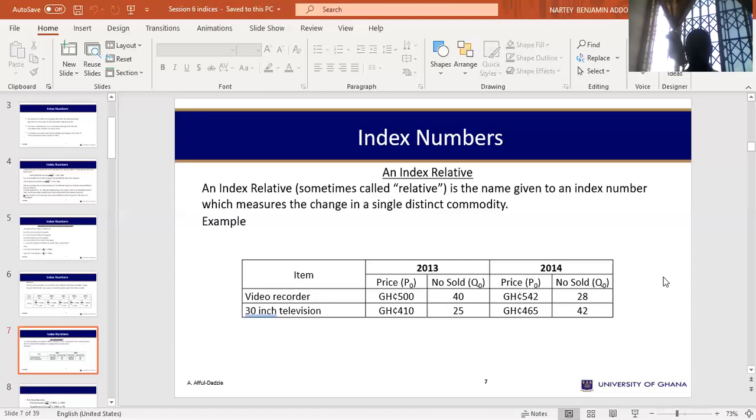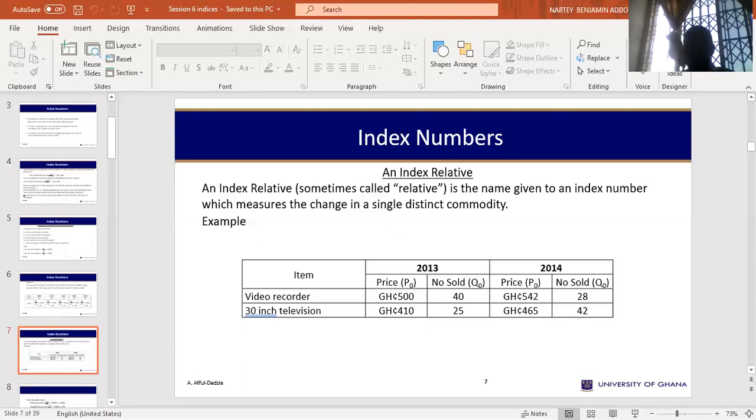The price for the video recorder in the base year was 500 cedis, and the quantity was 40. For 2014, the current year, the price was 542 cedis, and the quantity was 28. The corresponding prices and quantities for television were 410 and 25 for 2013, and 465 and 42 for 2014.